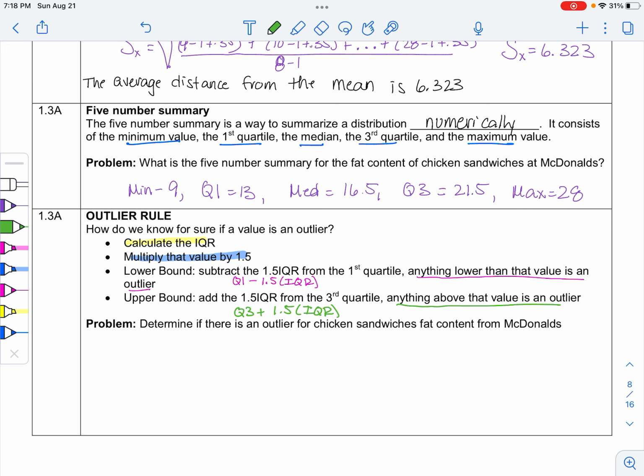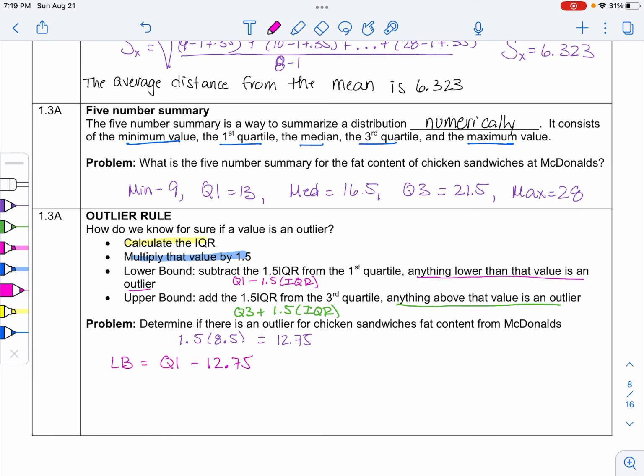So let's look to see if we have any outliers for our chicken sandwiches. We found our IQR was 8.5. So if I take 1.5 times 8.5, this gets us 12.75. So for the lower boundary, I'm taking my Q1 and subtracting 12.75.